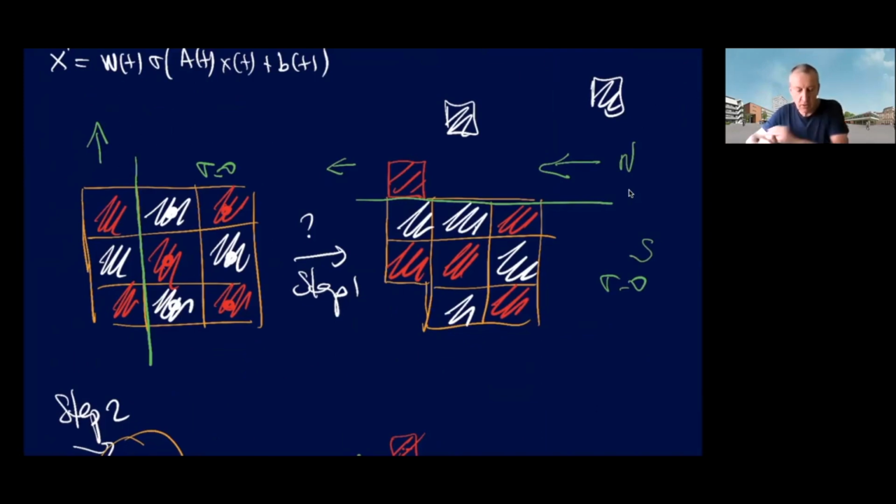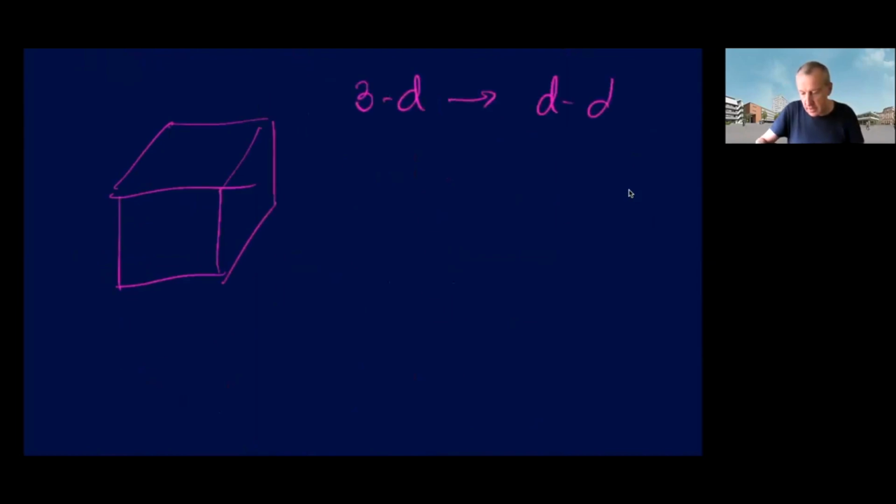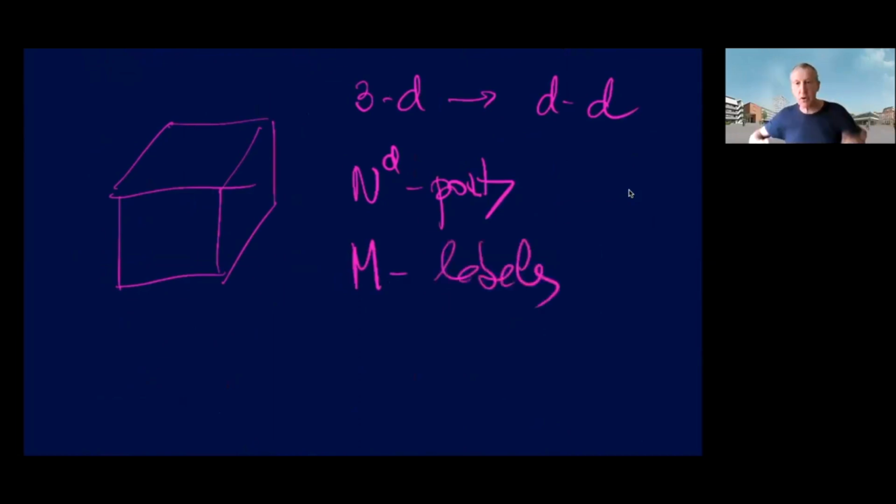And as you see, as soon as you make this problem more and more complex, you can now think of a problem like this in 3D. Or you can make it simply in D dimensions, right? Then you can take n to the power d points, and say m labels, m different colors.